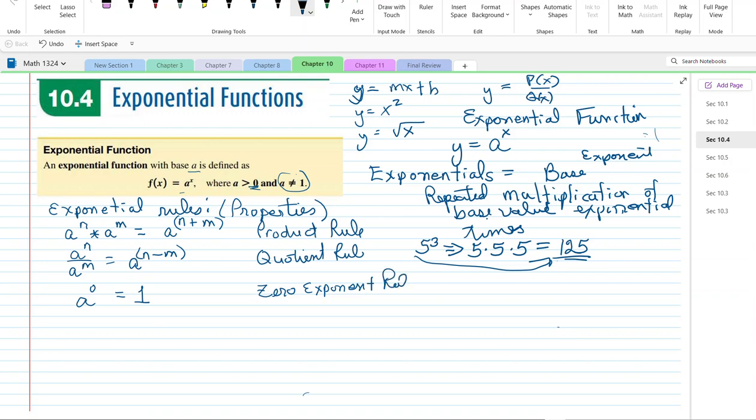And now we come to another one that's very powerful, and this one is also an understanding. A to the n, that means the base number raised to an exponent and then raised to another exponent, is the product of those two. And this is the power rule.